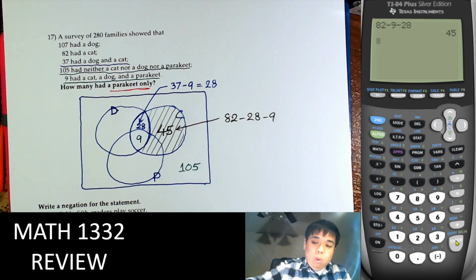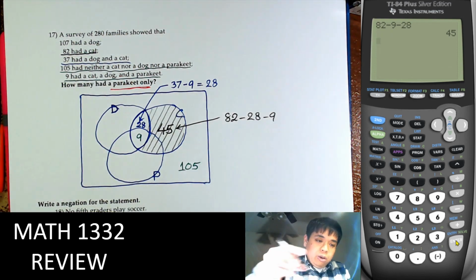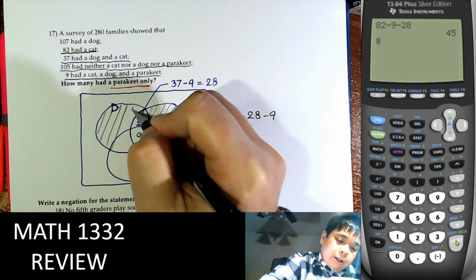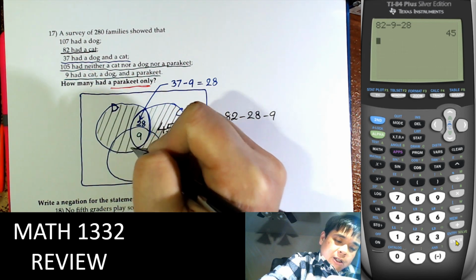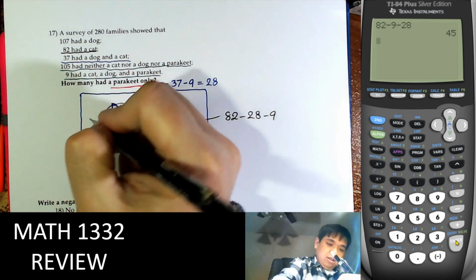Only cat and maybe parakeet too. Same thing, we have 107 that are dogs. So that is the dog, subtract the 37 in the middle.